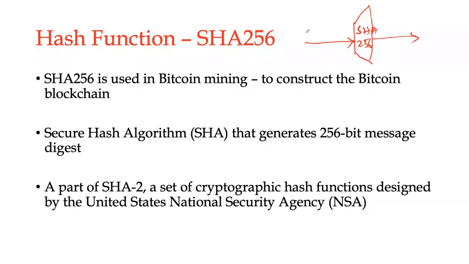So what is the input? SHA-256 takes an input message of a maximum size of 2 to the power of 64 bits. So this much length of message it will take as an input.